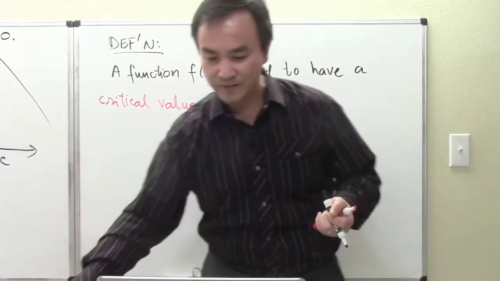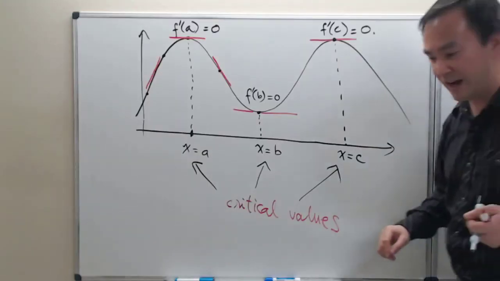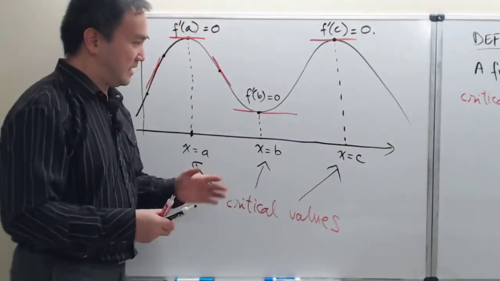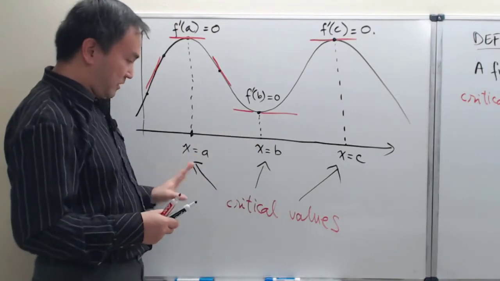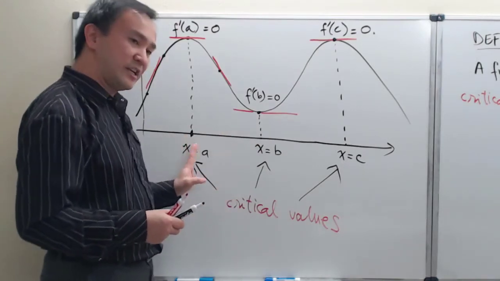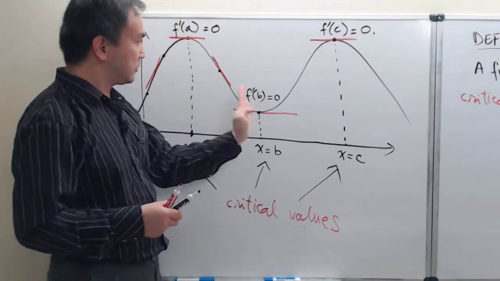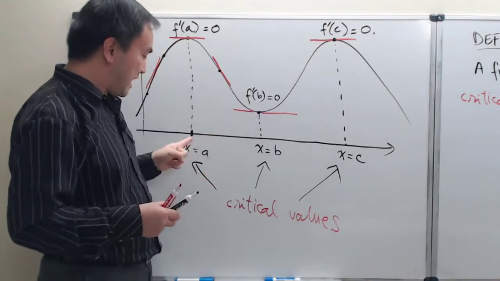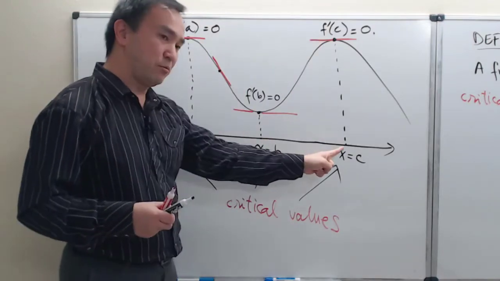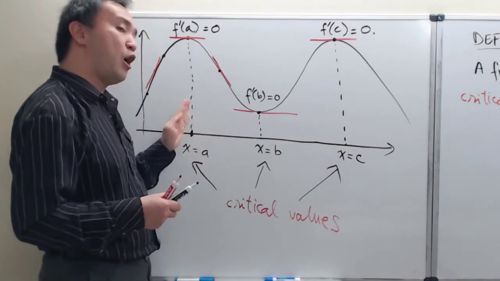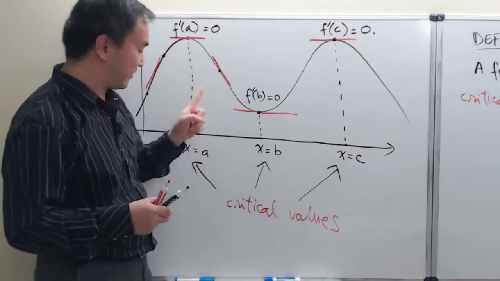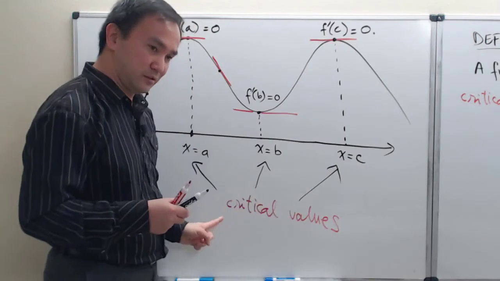Let's find out if that definition is consistent with how we saw it in the picture. And yes, it is. In this graph, I already saw three turning points, and I call the x values at these three places on the x-axis where our graph turns the critical values.